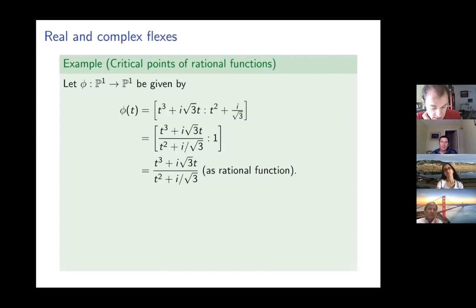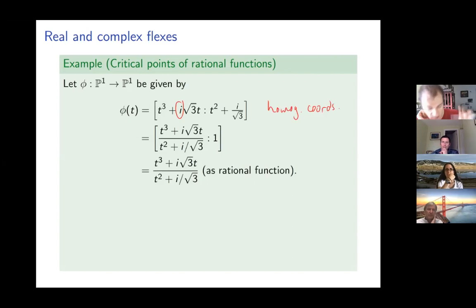So I've written an example here. You'll notice that it has some complex numbers in it, and I'll tell you why I picked this example in a moment. But just to sound out how to think of this as a rational function, this is in homogeneous coordinates. So we can divide our homogeneous coordinates by the same thing.